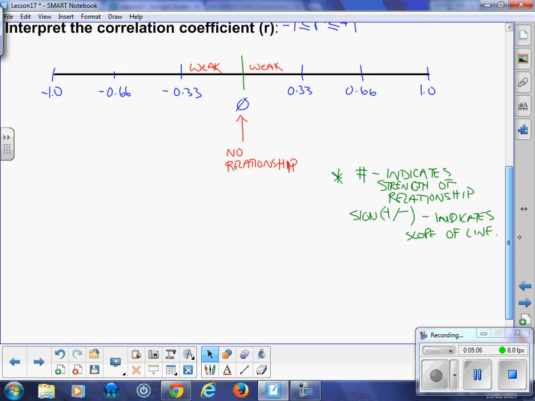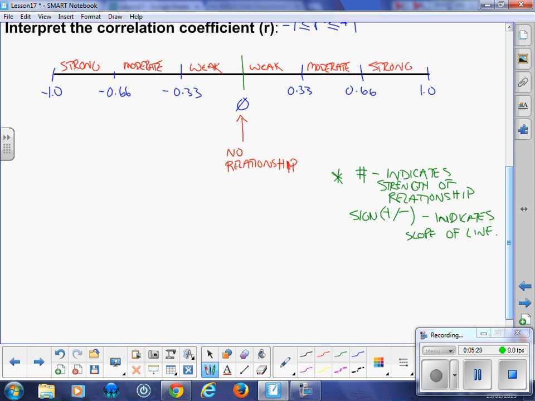Going back here then, we have weak. If you get between 0.33 and 0.66, we call that moderate, so there's a moderate relationship between the data. And if you are in the outer range, we say it's a strong relationship between the X and Y variable.